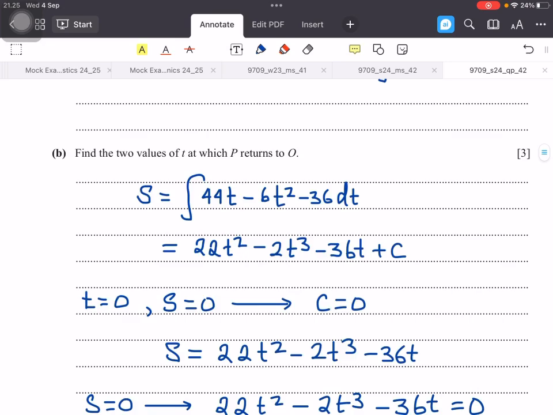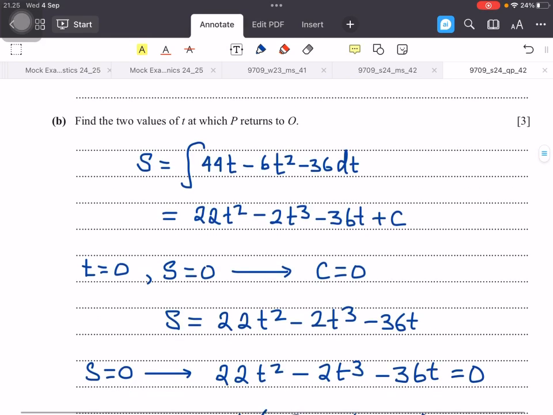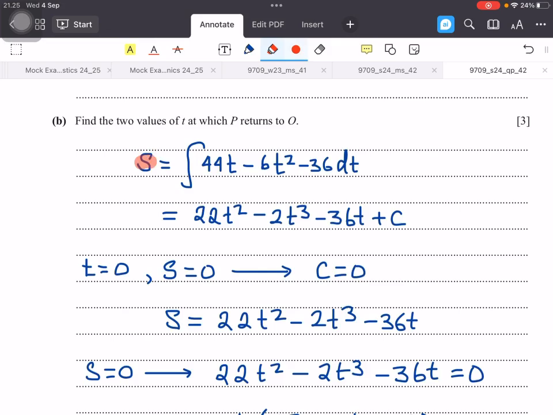Part B. Find the two values of t at which P returns to O. So first we need to find the position or the displacement of the particle from O at t seconds. To find s from velocity, we need to use integration.